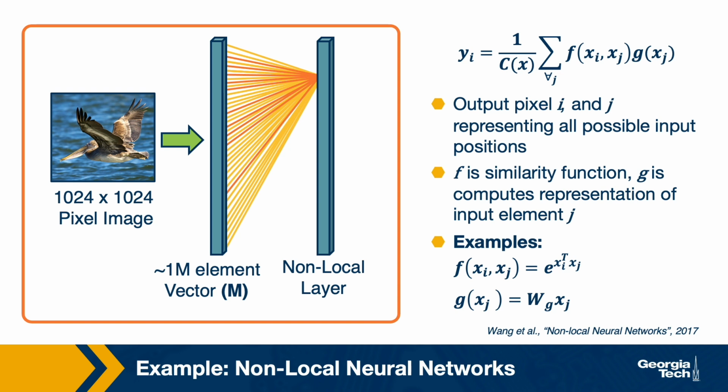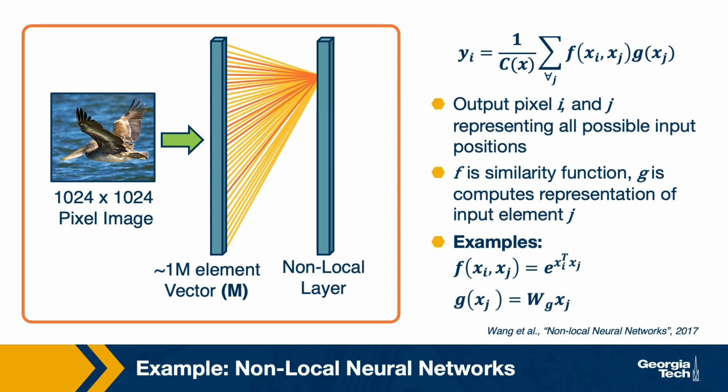And so you might wonder, why is this different from a fully connected layer? And the fact that you're doing this dynamically is the key part that makes it different. Because when you're doing a fully connected layer, the weights are not dynamic. That is, you learn the weights and then you apply those weights regardless of the input. They're not data dependent.